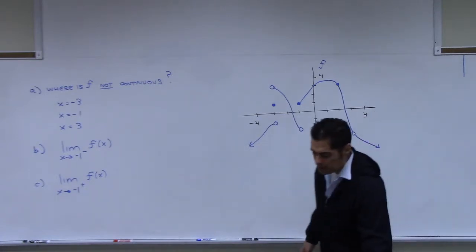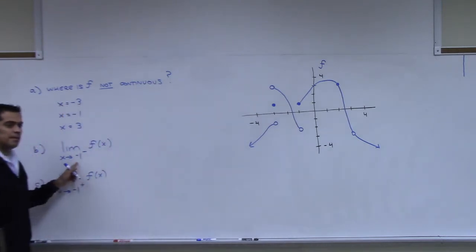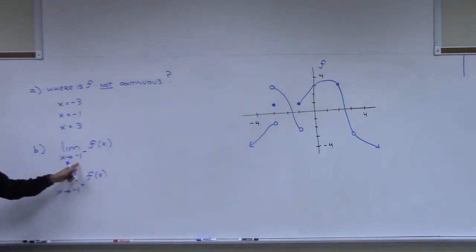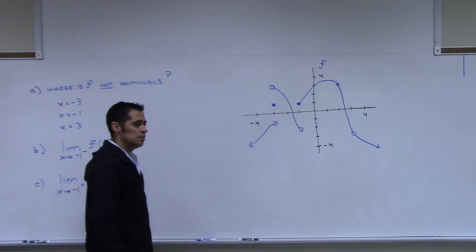Looking at the graph here, Derek, what is this asking? You know what this is asking? Where we approach -1 from the left, okay? So what is the function doing as you approach -1 from the left? Where is it headed? Okay, can you tell what y value it's headed towards? -2. -2?